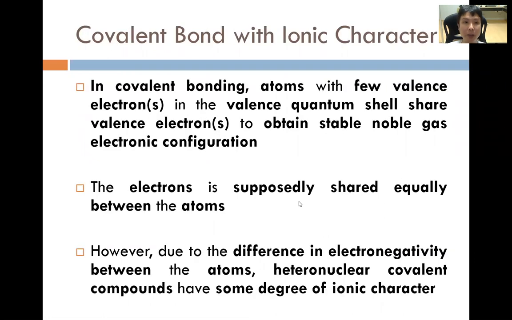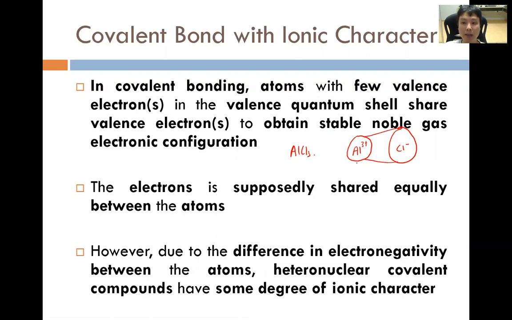So let's begin. The first thing that we need to talk about is covalent bond with ionic character. Let me do a brief review. Previously, when we studied ionic bonds, we said that ionic bonds can have covalent character. For example, in the case of AlCl3, Al will transfer 3 electrons, one to each chlorine atom, and in doing so it will form the Al3+ cation and the Cl- anion. Because the Al3+ has very high charge density and is positively charged, it will start to draw back some of the electrons from the Cl- ions.